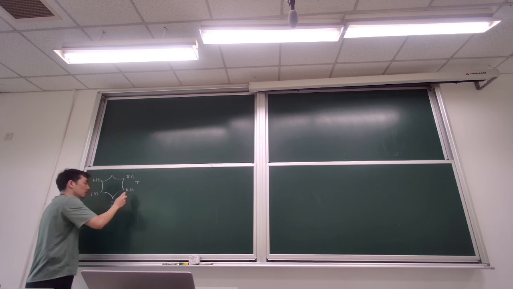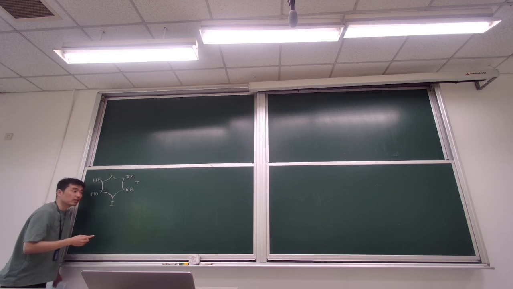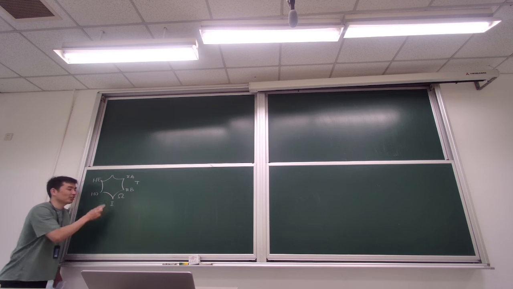T duality. How are type I and type IIB related? Orientifold projection. How are HO and I related? S duality.